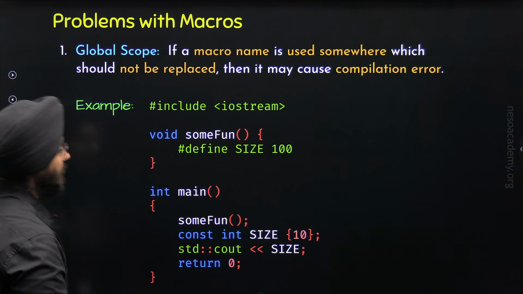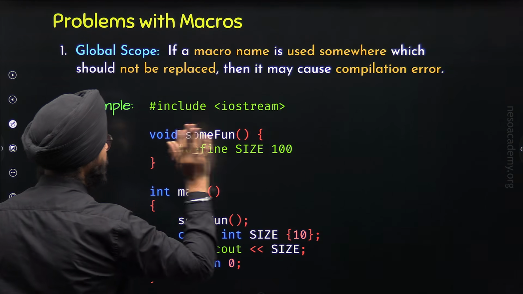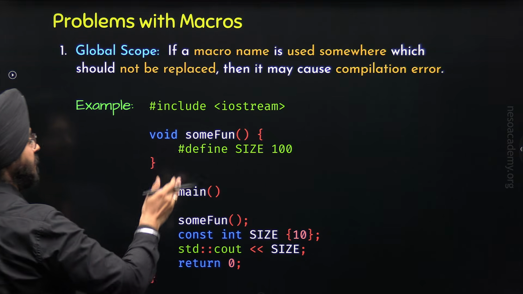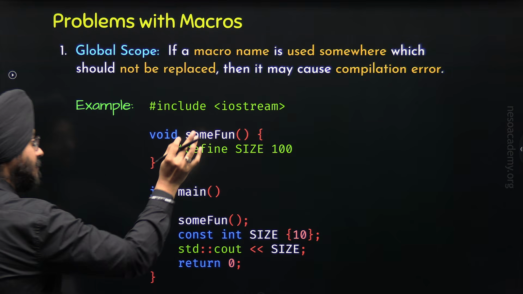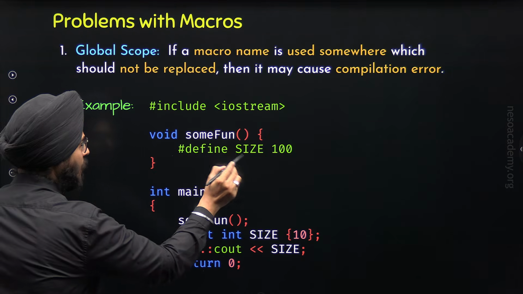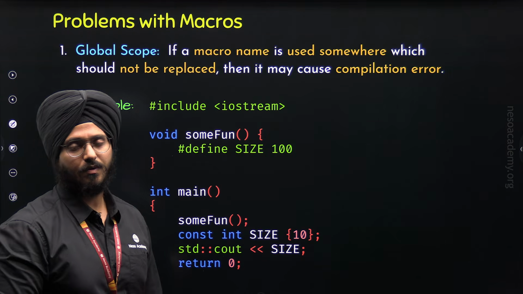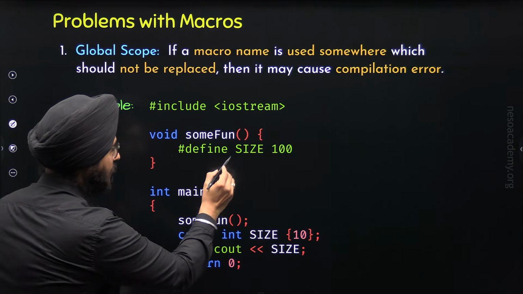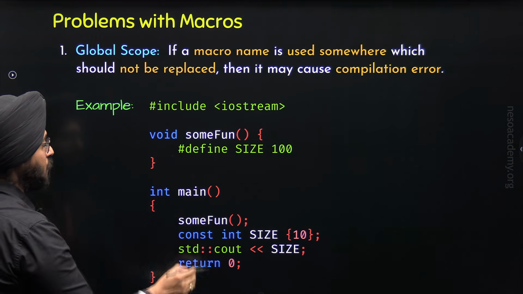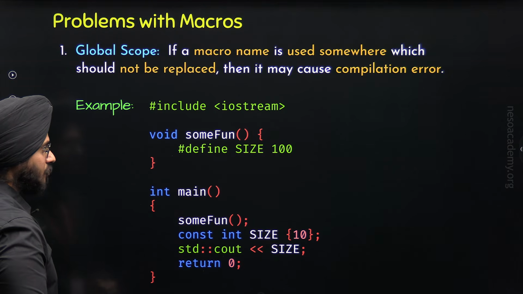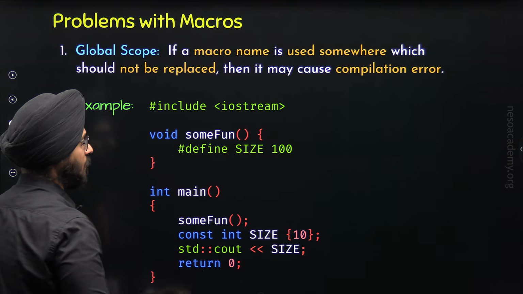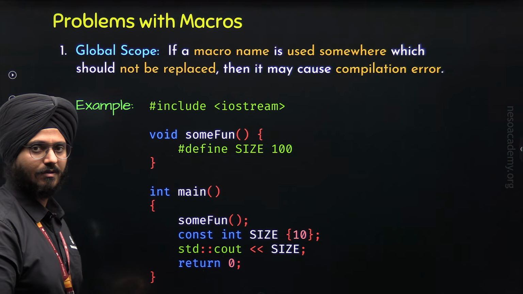But the macro has the global scope, no matter whether it is the function like macro or object like macro. It has the global scope. So this macro has the global scope, so it is visible to all the functions which we define in this code. Here I have defined this main function. In this main function also, this macro is visible.